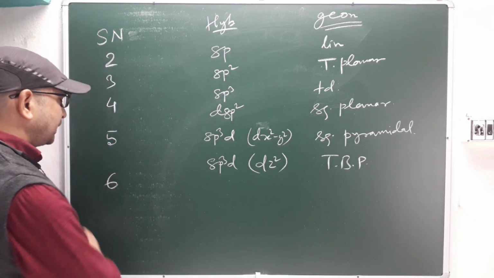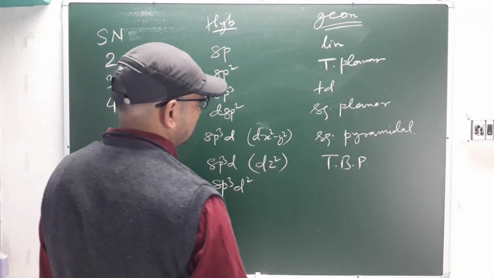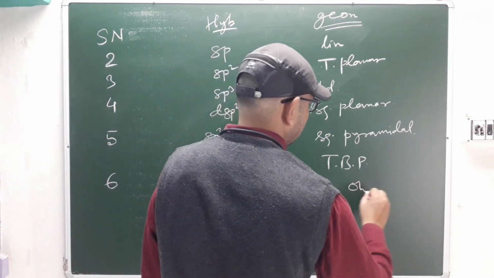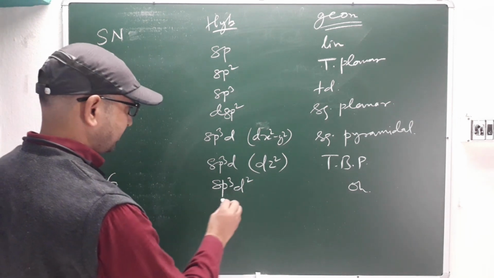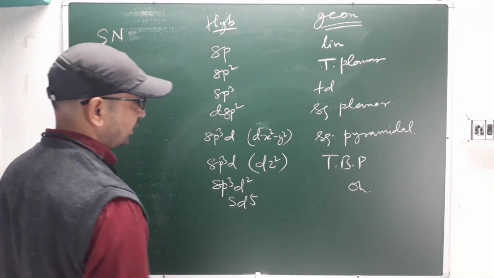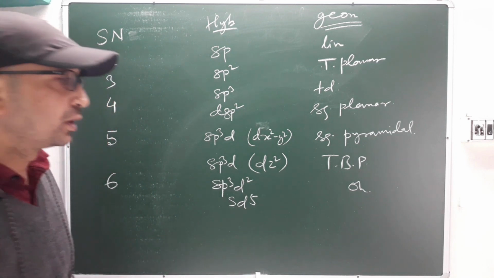Now steric number 6 will be sp3d2, and this will be octahedral. Here both dx2-y2 and dz2 participate. In this, if it is sd5, if only d orbitals are participating, then this will be trigonal prismatic.